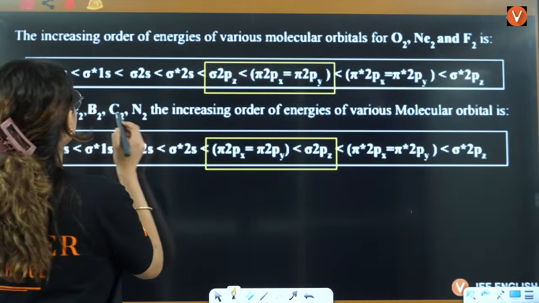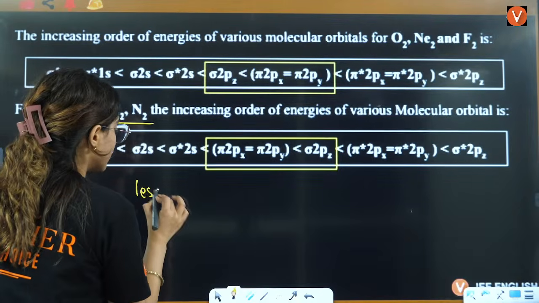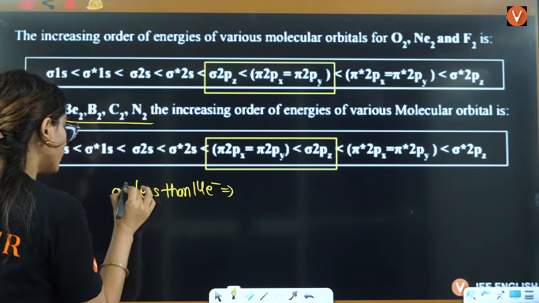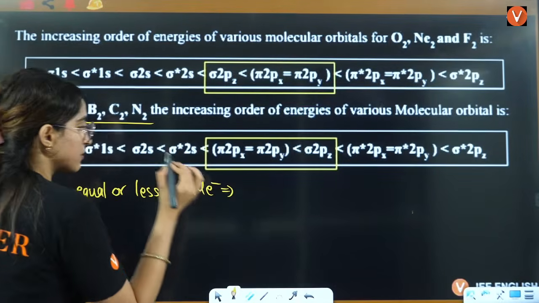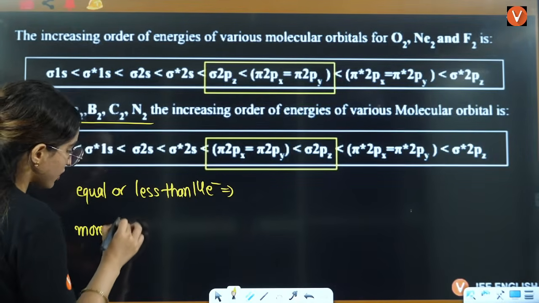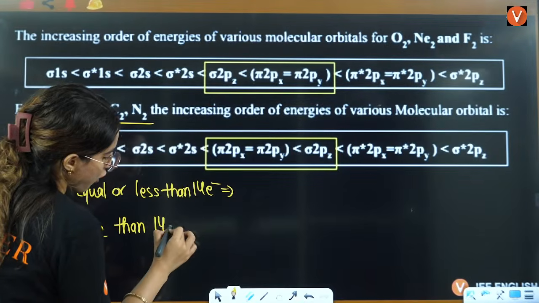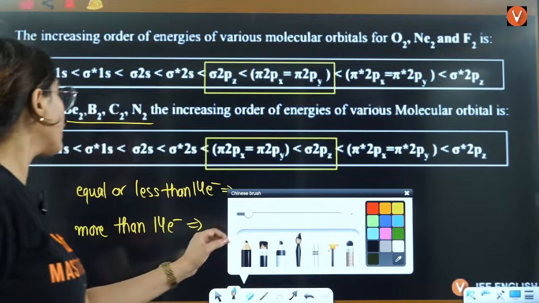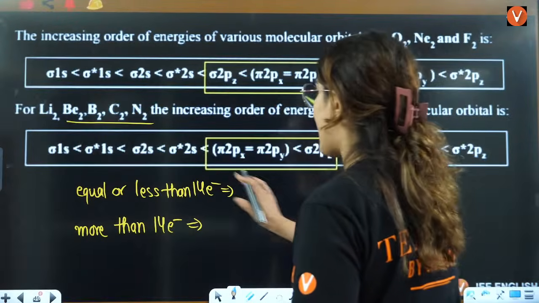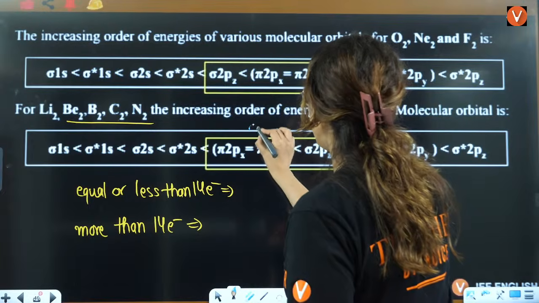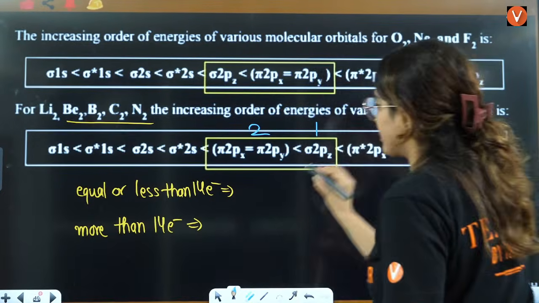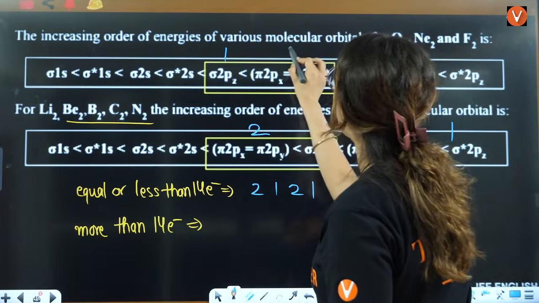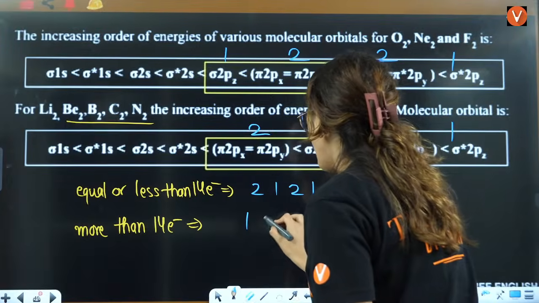Remember that if you have less than or equal to 14 electrons, this is going to be 2, 1, 2, 1, 2, 1, 2, 1. If you have more than 14, it is going to be 1, 2, 2, 1, 1, 2, 2, 1.